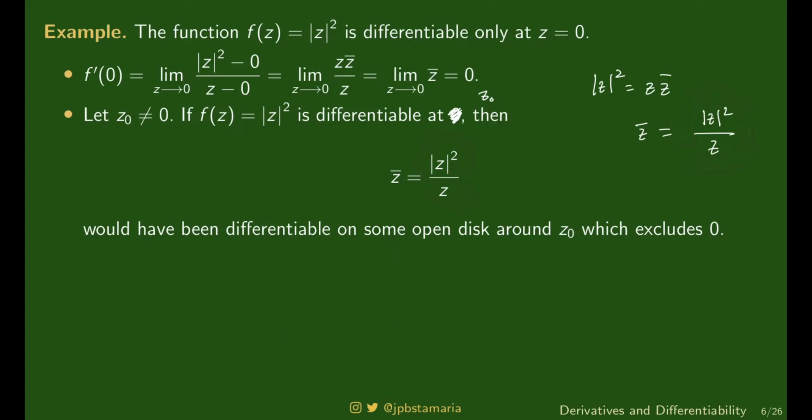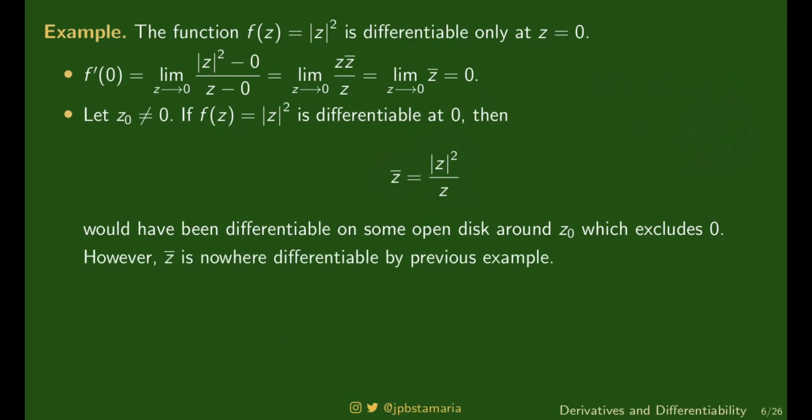Naintindihan nyo? Right? Pero hindi. Bakit hindi? Yung z bar kasi in the previous example is proven to be nowhere differentiable. Did you understand? Kaya yun ganon. Kumbaga, kung magiging differentiable ito at z naught, yung z bar magiging differentiable din.